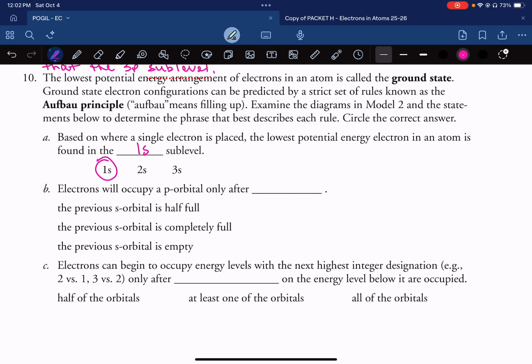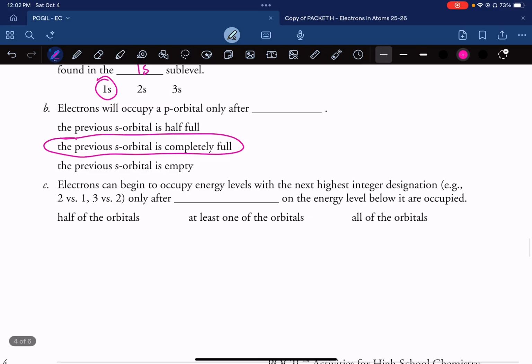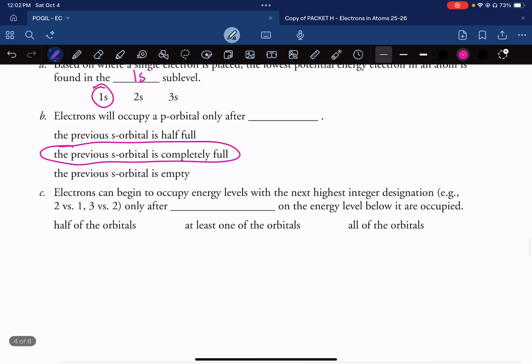It says examine the orbital diagrams and electron configurations in Model 2, using the following electron configuration. And then it says underline the energy levels.